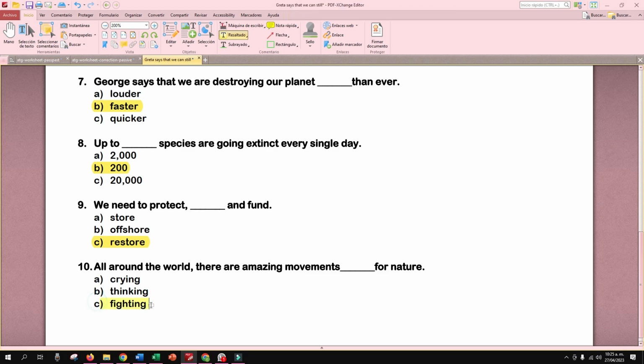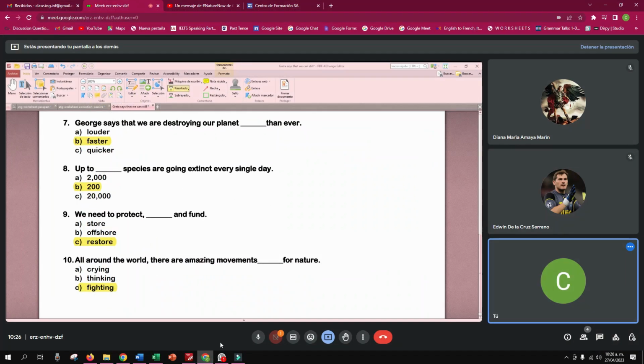Fighting, yes, they are fighting for nature, right. That's great. So guys, don't forget these words: protect and restore. And let's make a change in our environment and plant a tree, and do all the things that can help us to restore nature.